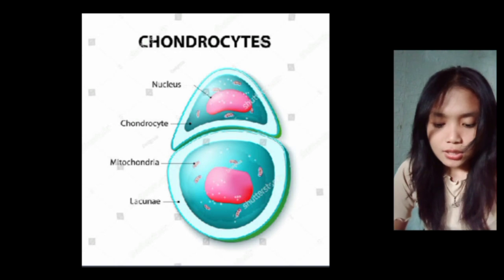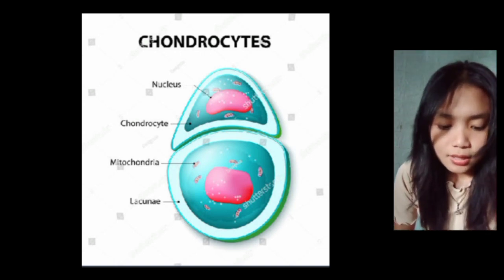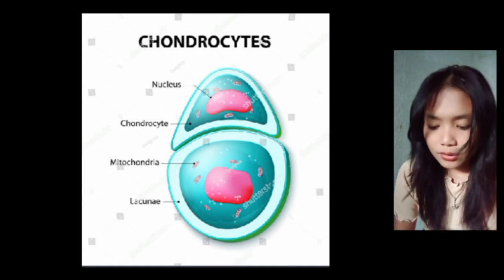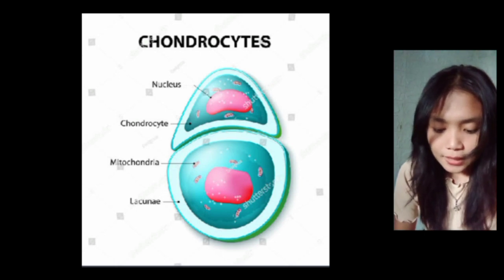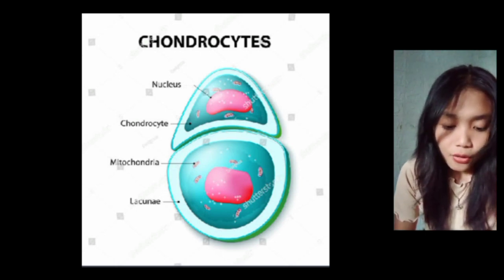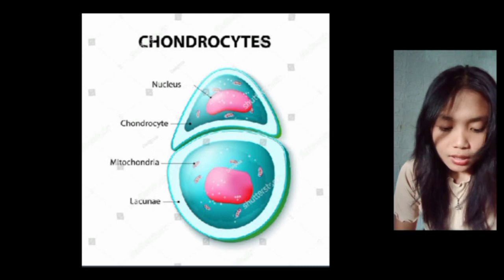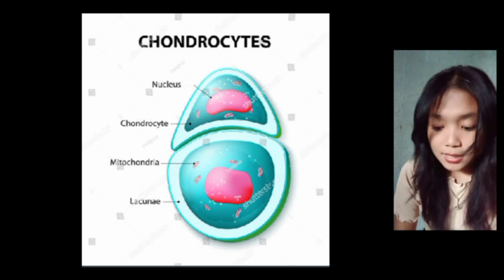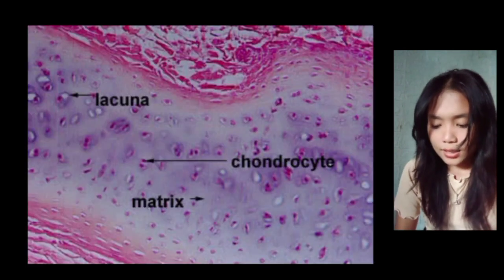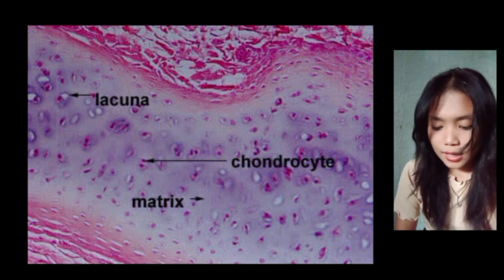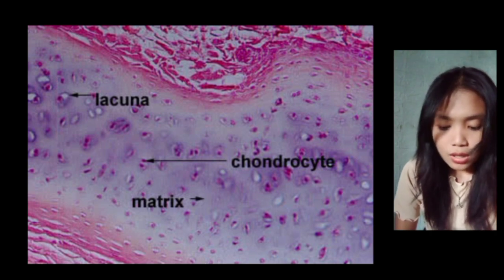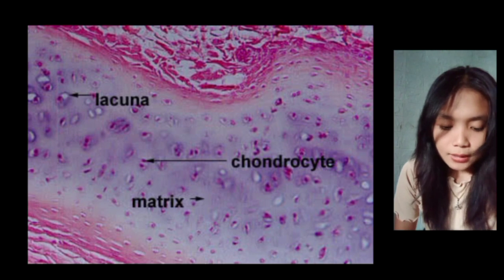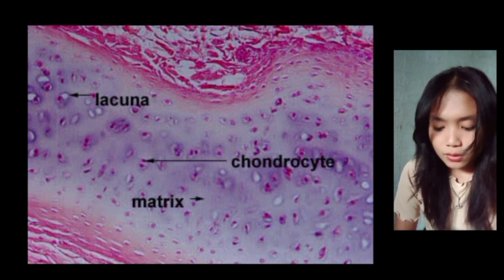In general, chondrocytes are found within intervertebral discs and in any form of articular cartilage or AC. Lacunae. The matrix-enclosed compartments that they sit in are called lacunae.